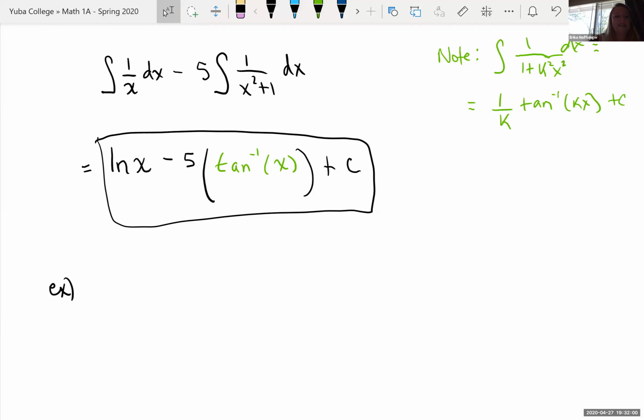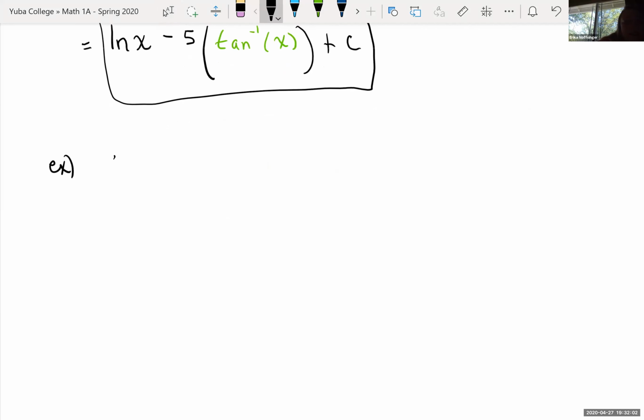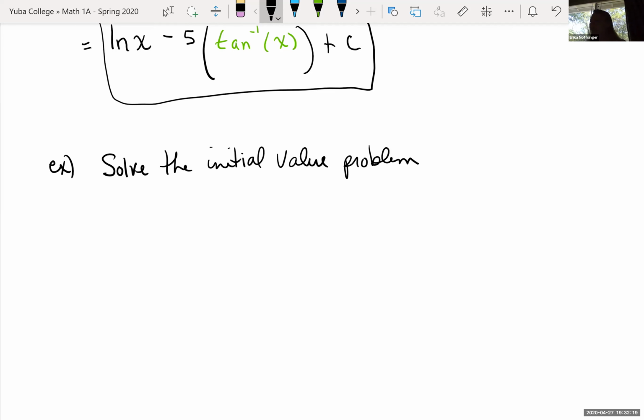So the following says, solve the initial value problem. We're given some information about a function, and we are trying to figure out what the original function is.